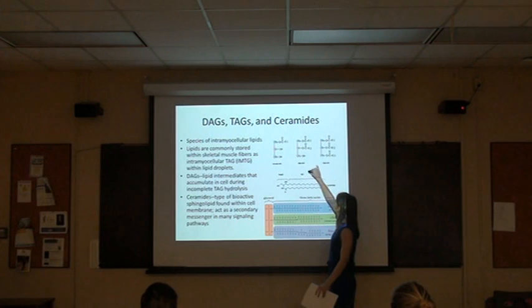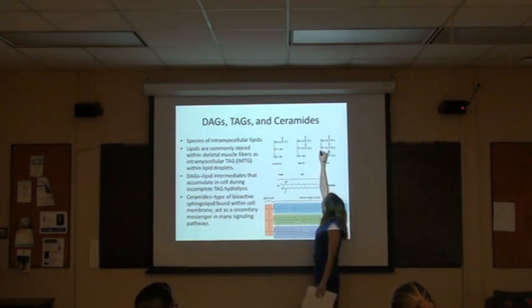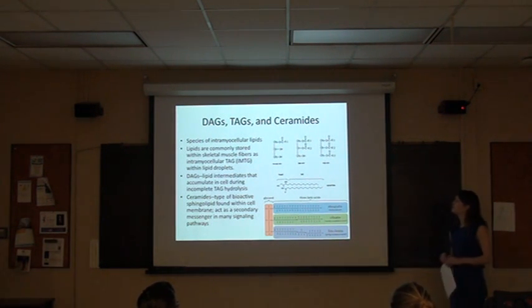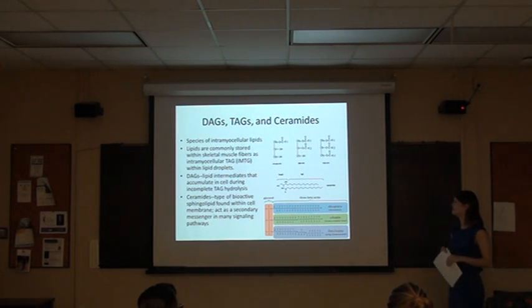Here's a diglyceride, here's a triglyceride. See the different bonds there. And then lastly, ceramides are a type of bioactive pseudolipid found within the cell membrane. They can act as a secondary messenger. So yes, they're all intramyocellular lipids.